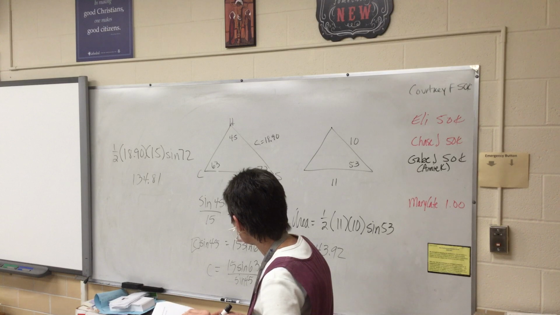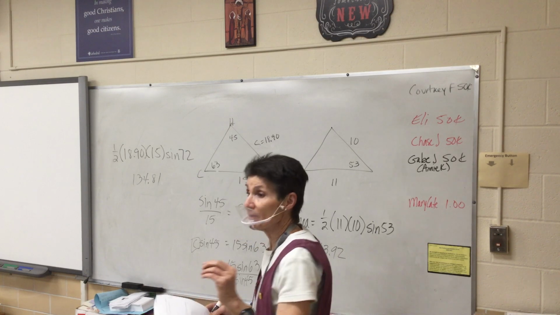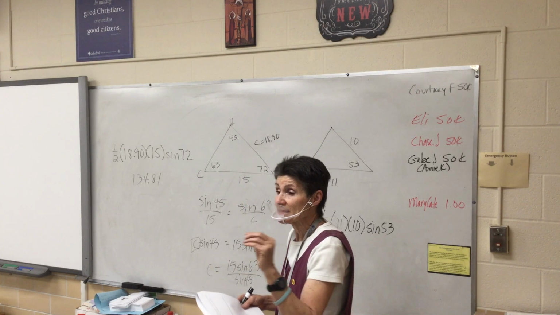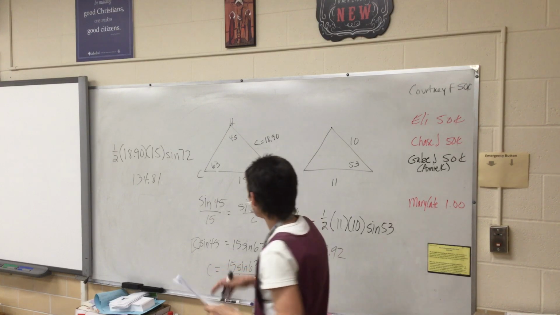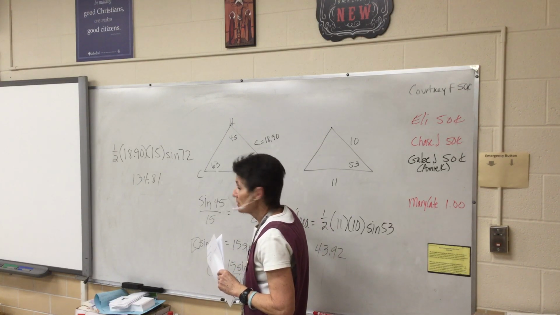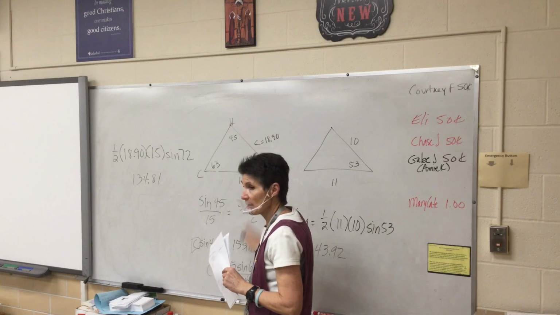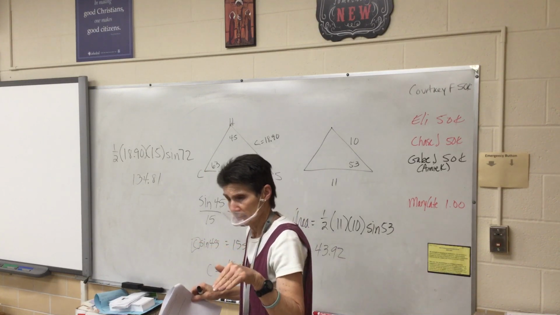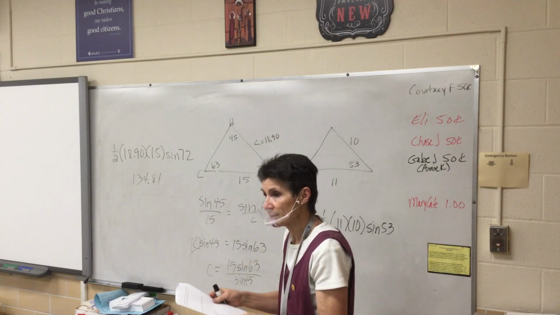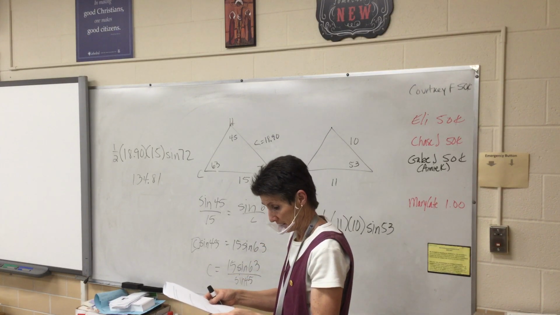Because we weren't finding the last side. We're finding the area, and all it takes is two sides for the area. If I needed the other side, this is how I would find it. But I don't need it in this problem, because I'm doing area.